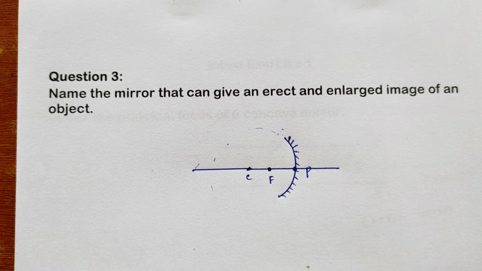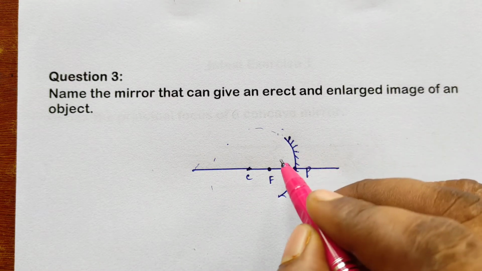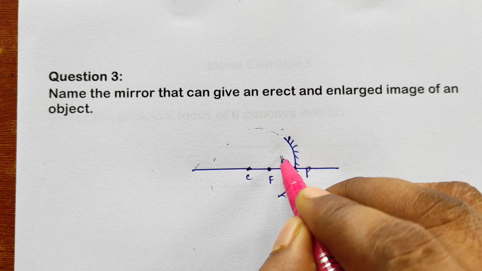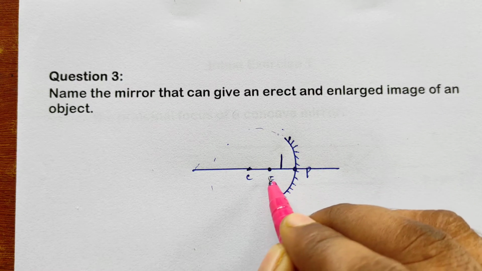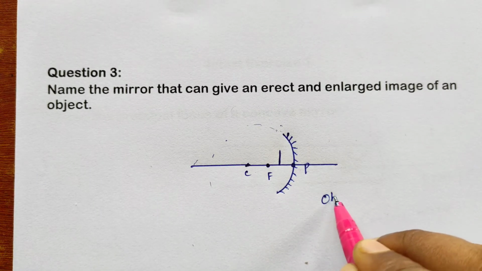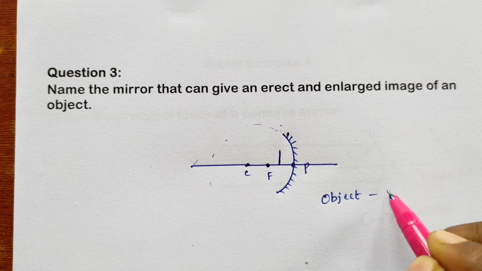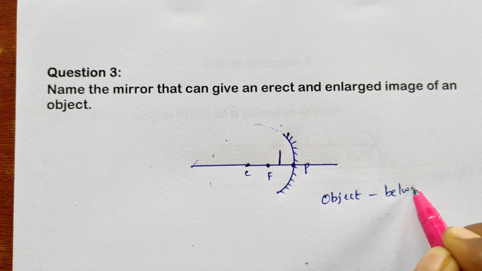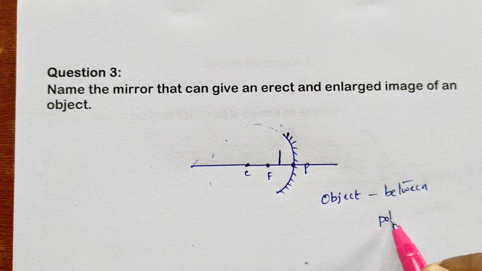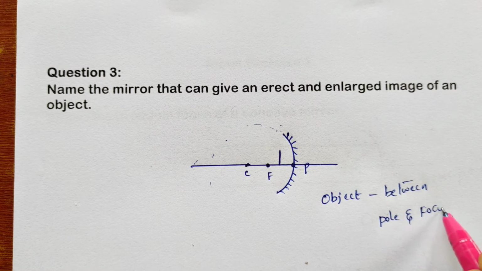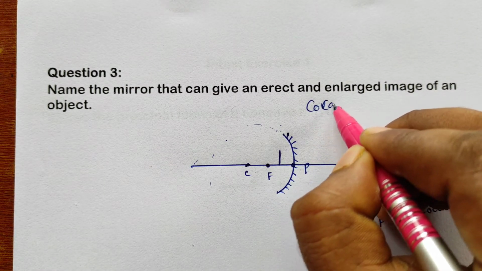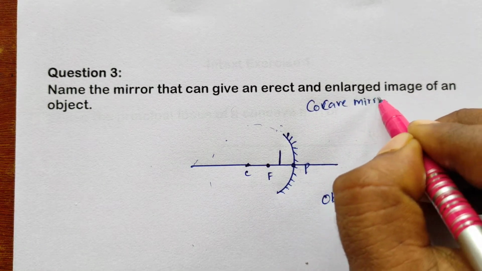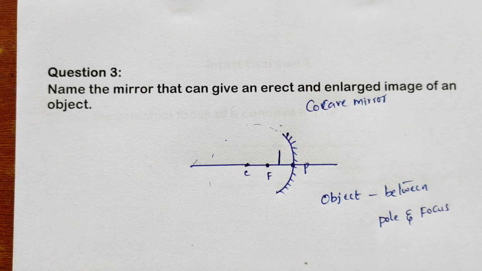The image differs in a concave mirror depending on the position. So if you keep the object in between the pole and the focus of a concave mirror, what will happen?